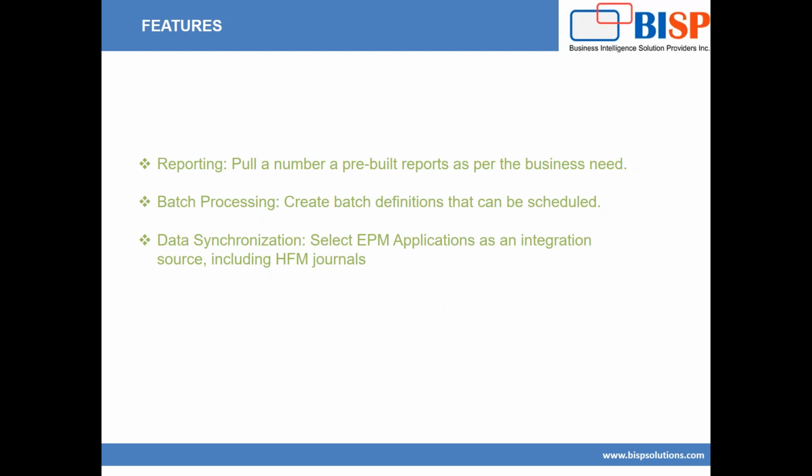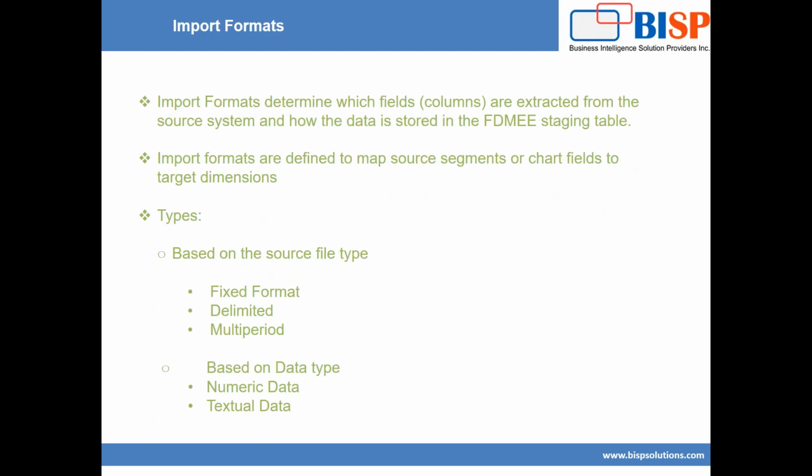So let's get a little deeper into these artifacts that we have discussed. Import format, as I said, we map the fields in the columns to the dimensions of the target application. When we do that, we basically tell FDMEE that column number 1 belongs to account, column number 2 belongs to entity, and so on.